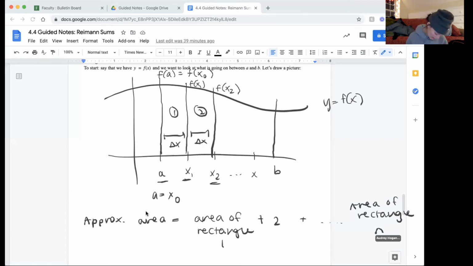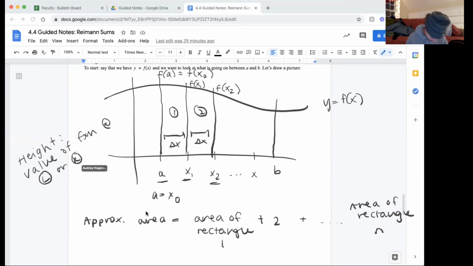And so the height will be the value of the function at the left or right endpoint, and the width is delta x.